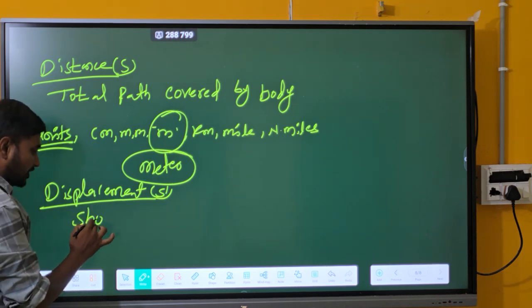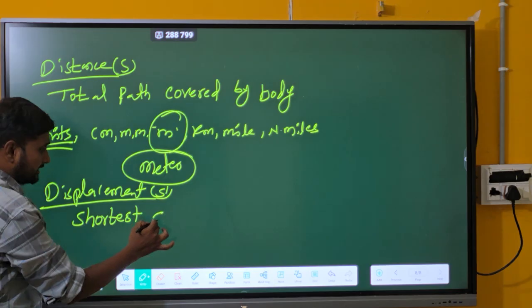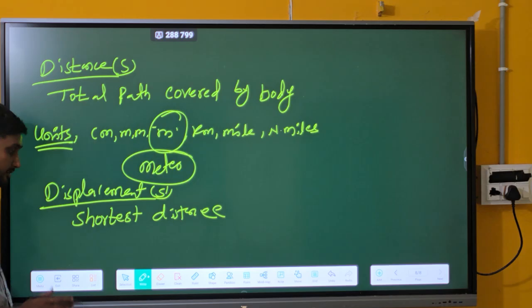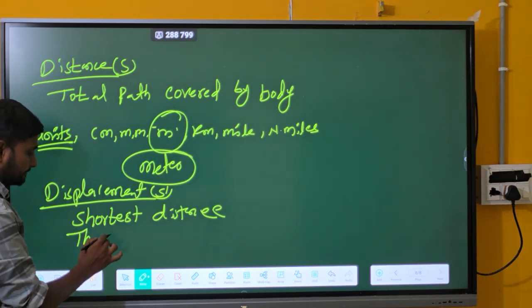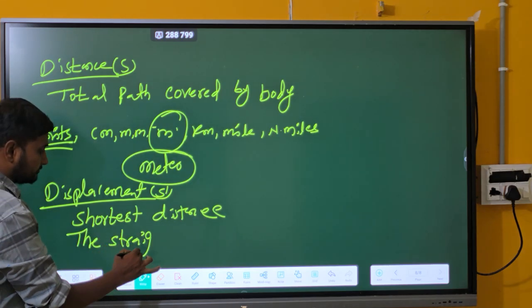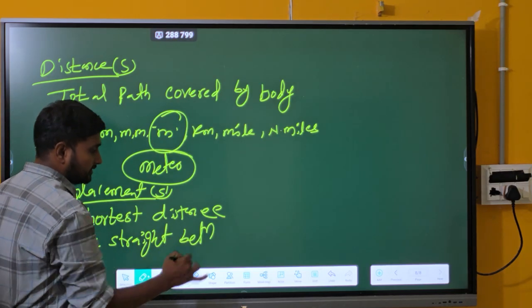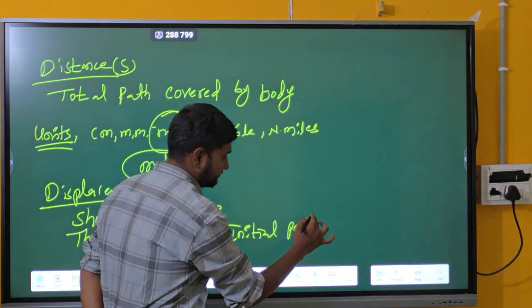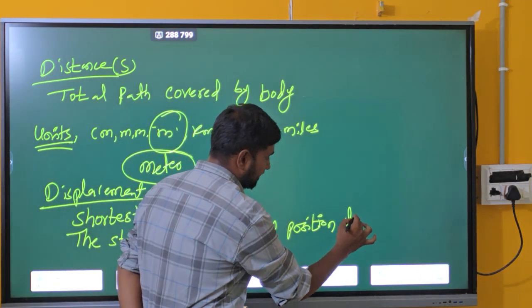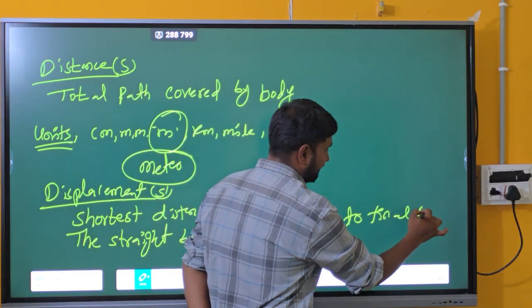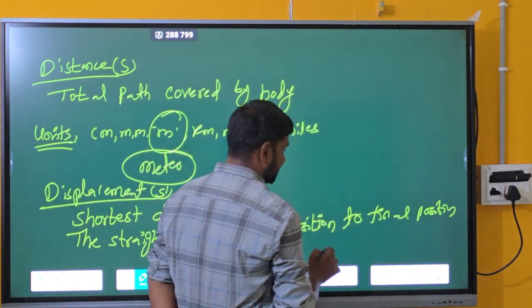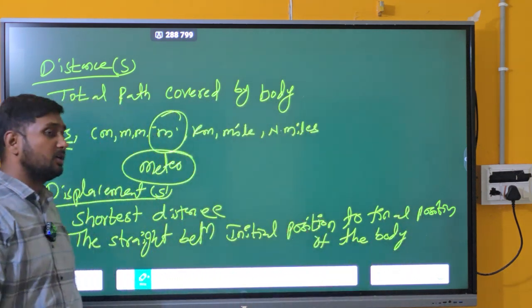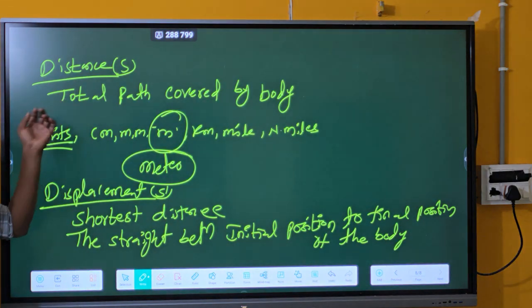Displacement means the shortest distance, or the straight line from the initial position to the final position of the body. This is the displacement, and that is the distance.